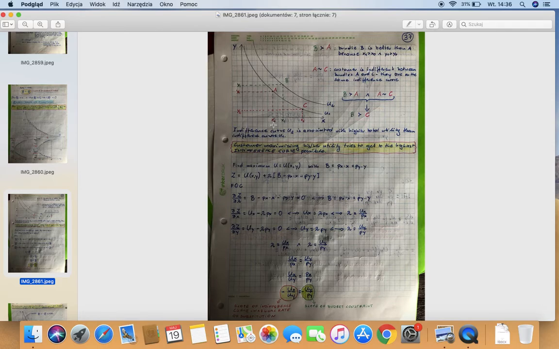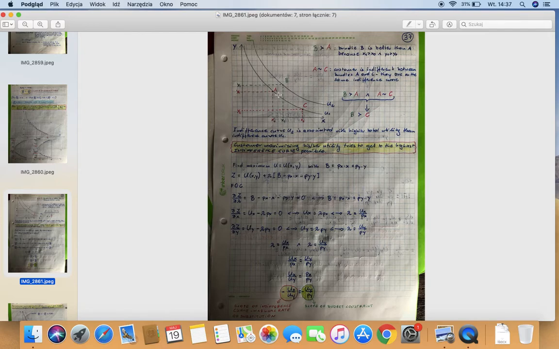In this bundle you have x0 of good x and y0 of good y. And look, on indifference curve U2, there is bundle B, where you have x1 of good x and y1 of good y. So it means that in bundle B, you have more of good x and more of good y. So definitely, bundle B is better than bundle A.